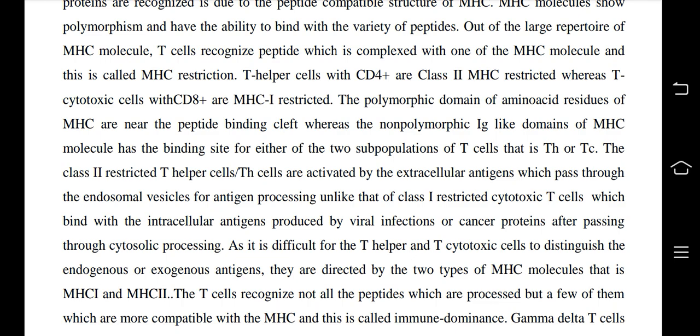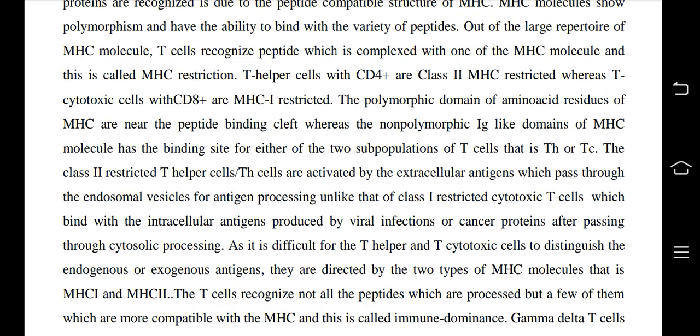The class II restricted T helper cells are activated by the extracellular antigens which pass through the endosomal vesicles for antigen processing, unlike class I restricted cytotoxic T cells which bind with the intracellular antigens produced by viral infections or cancer proteins after passing through cytosolic processing.